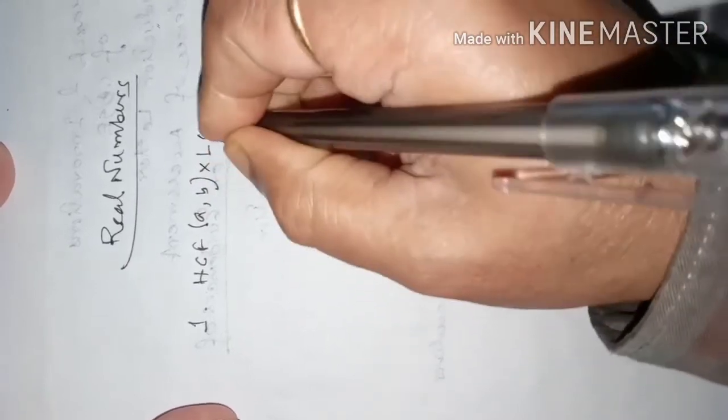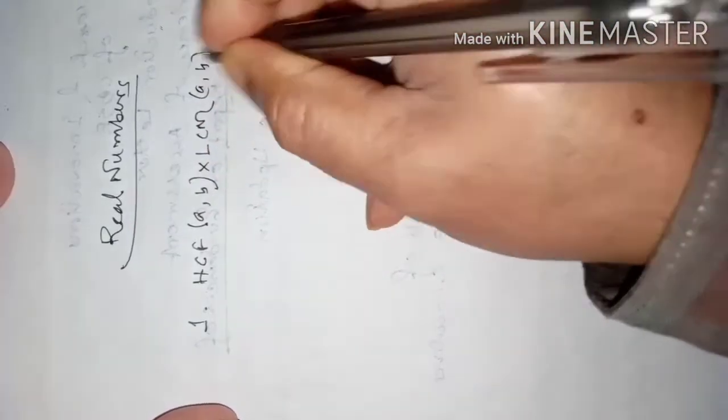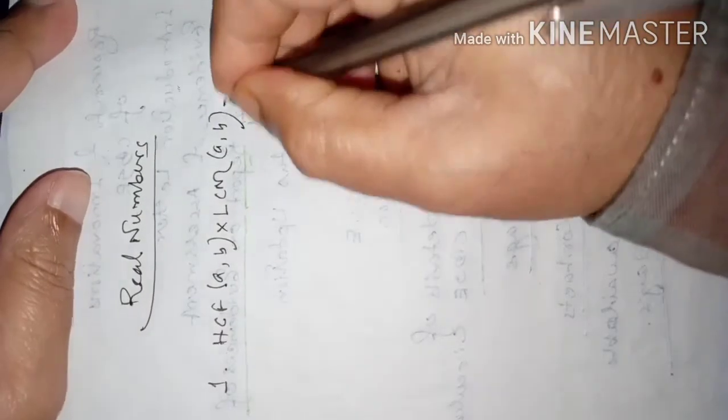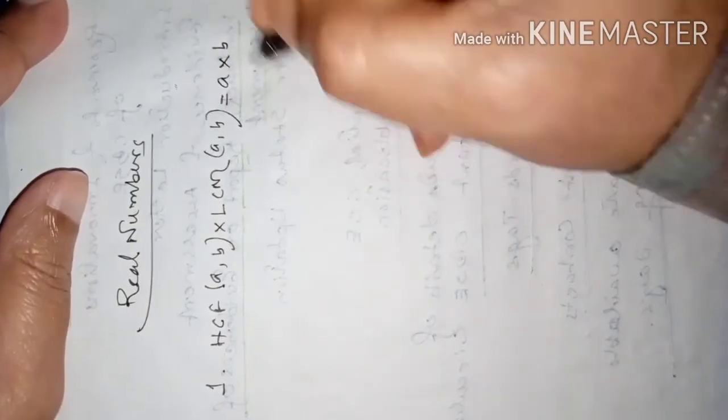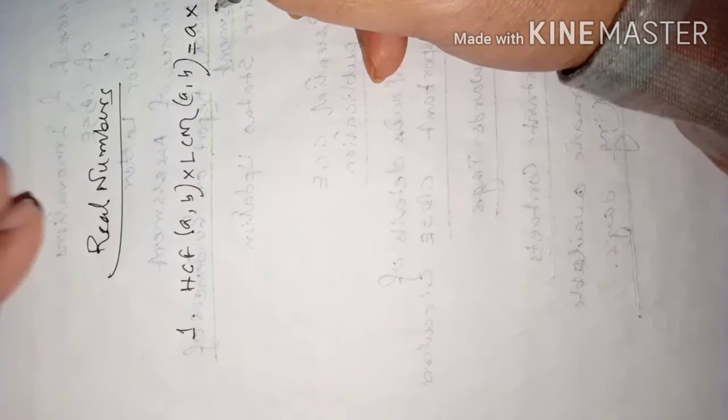Like in real numbers, you should go through this point: HCF of A and B multiplied by LCM of A and B is equal to the product of the numbers A and B. This is one rule that you have got.